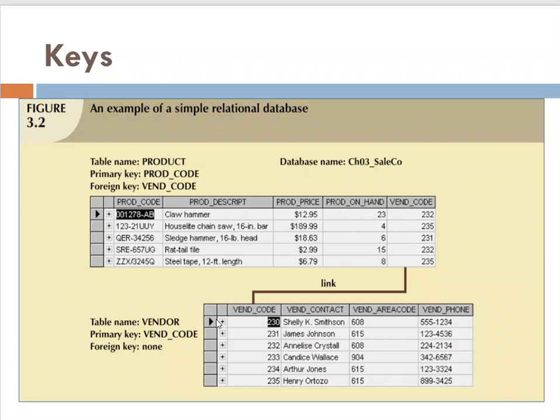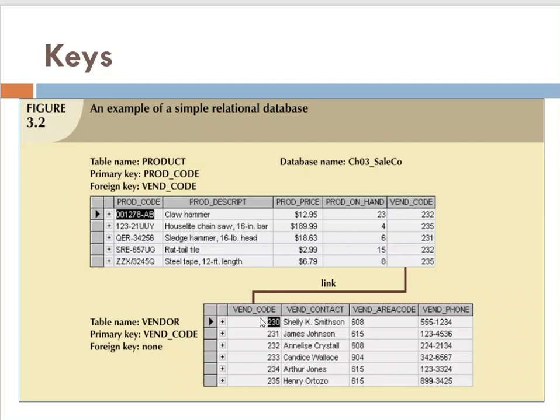Okay, next we have another table vendor. Table vendor ni, the first column is vendor code. So vendor code ni akan menentukan vendor contact, okay, siapa contact person for that vendor, okay, area code, vendor phone. Okay, so vendor code will be the primary key untuk table vendor. Okay, as you can see, vendor code also exists in table product. Vendor code ni juga wujud di dalam table product.